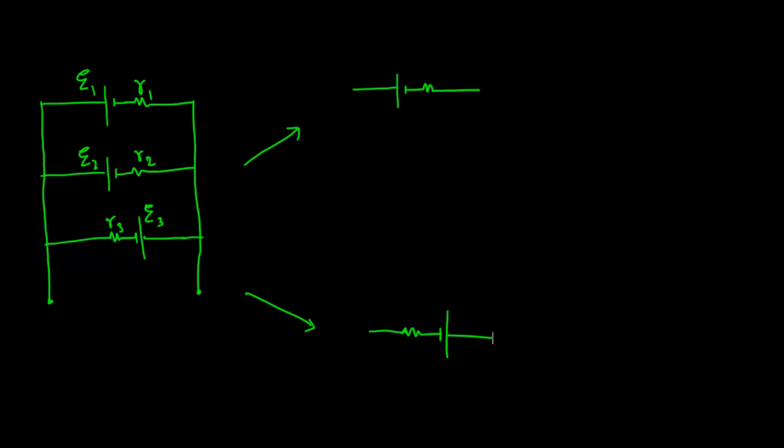Now we have three cells in parallel, but one cell, this one, has reverse polarity, because in these two cells the positive terminal is connected with the negative terminal of the third one. If these three cells are represented by this equivalent cell, E equivalent and R equivalent, with polarity matching these two, how to find this?